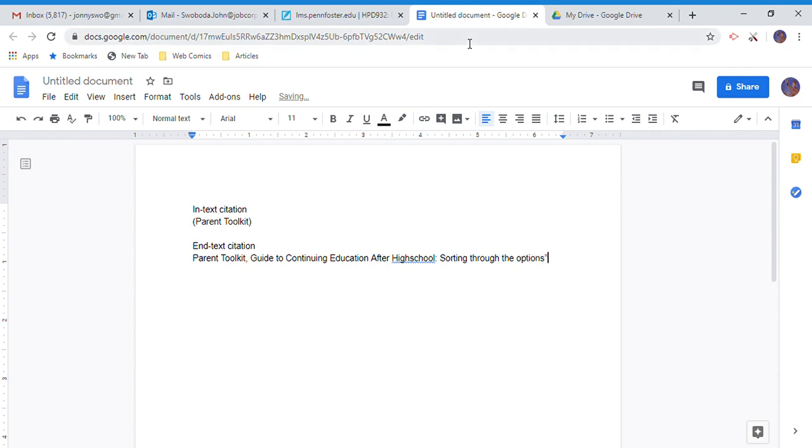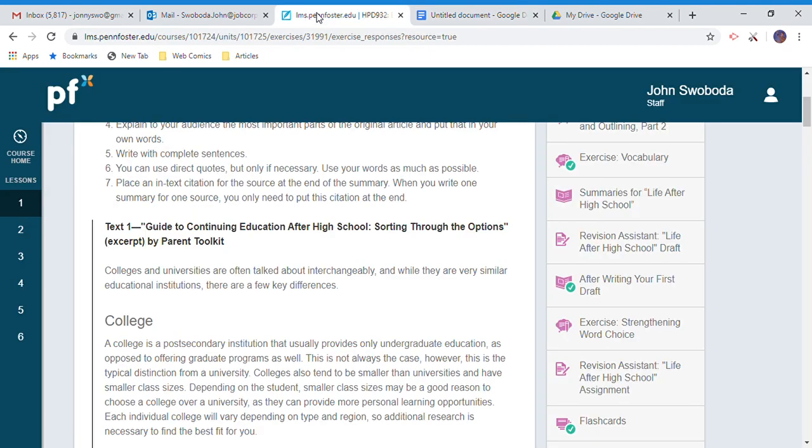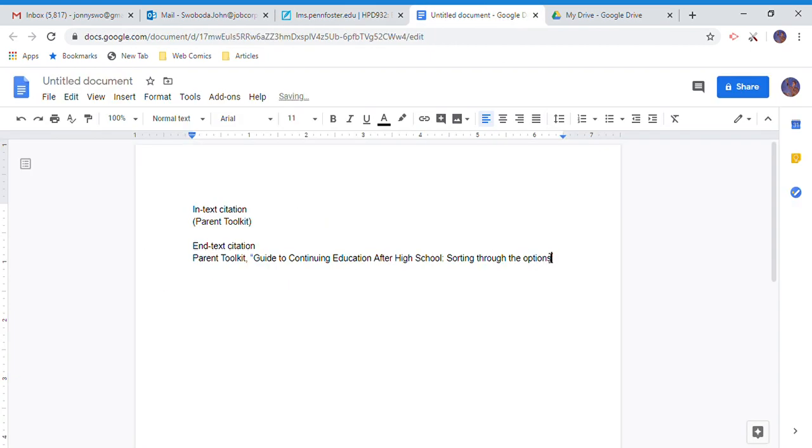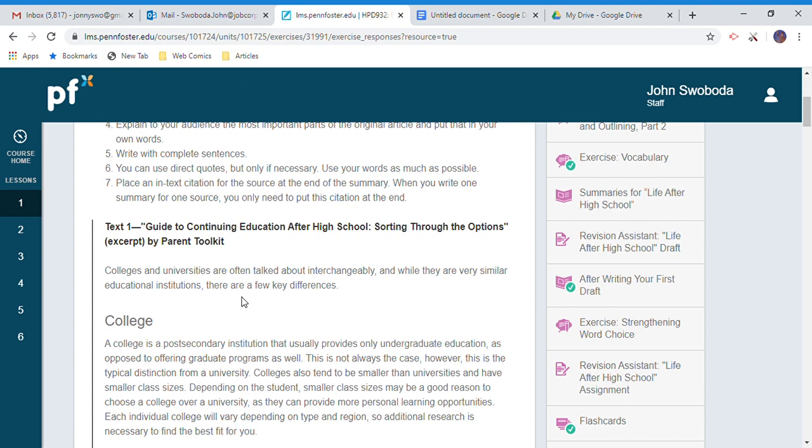And I need quotation marks around that. There we go. I'm going to put excerpt just so we are all on the same page. Okay. Now, they didn't give us a year. We would like to have a year after this, but they didn't give us a year.